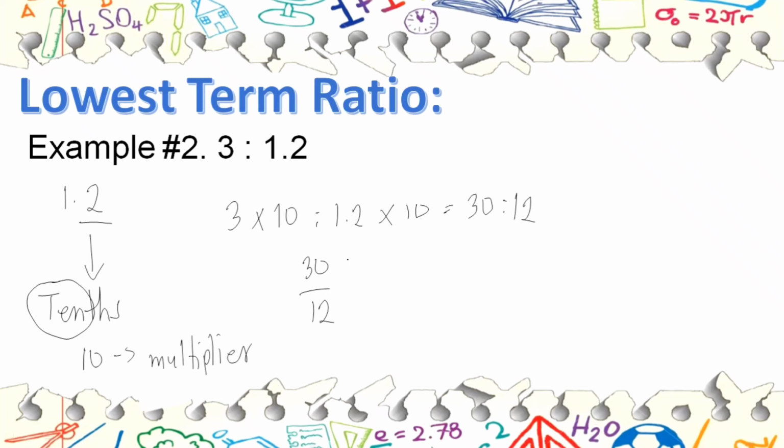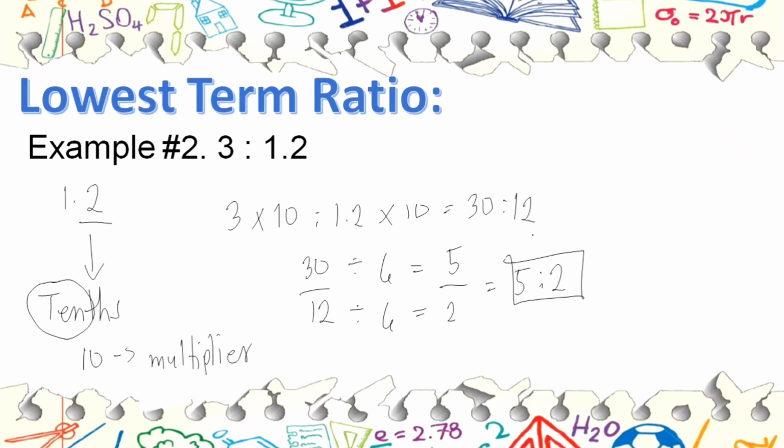Then, isip tayo ng pinakamalaking number na pwedeng i-divide both kay 30 at kay 12. And that number is 6. Then, i-divide lang natin. 30 divided by 6, that is 5. And 12 divided by 6, that is 2. Then, lagyan natin ng fraction bar. 5 over 2 na ngayon ang ating answer. Ngayon, from fraction notation, ibalik natin sa column notation. So, yung 5 over 2 ay magiging 5 is to 2. And that will become our final answer.